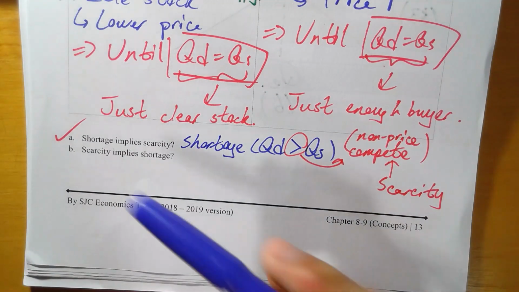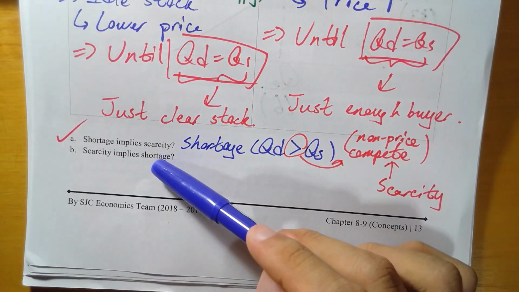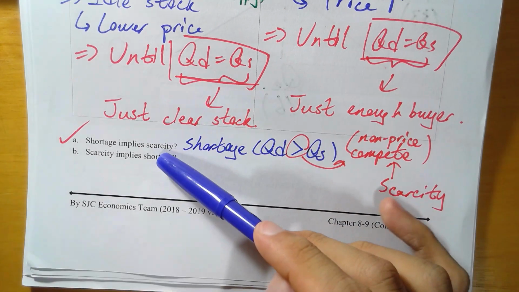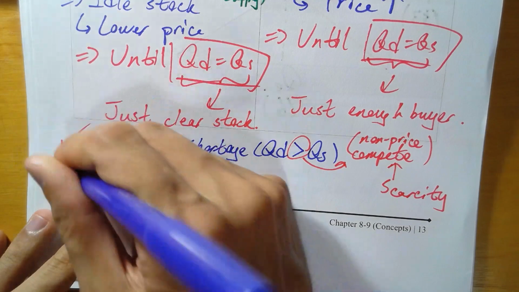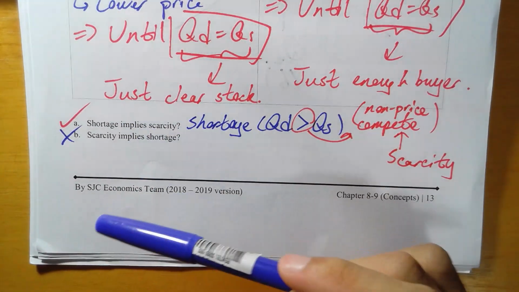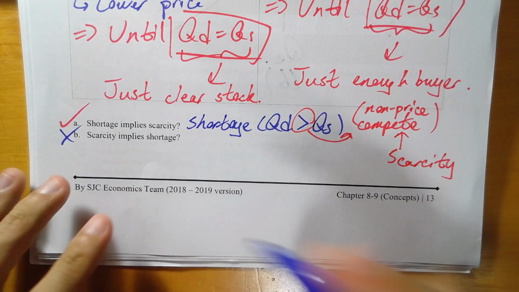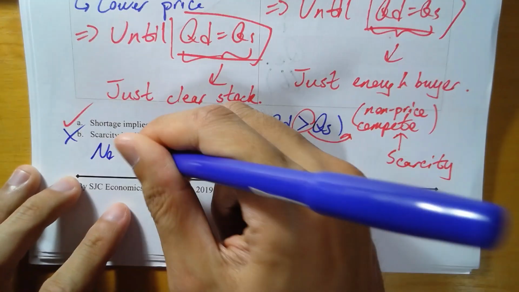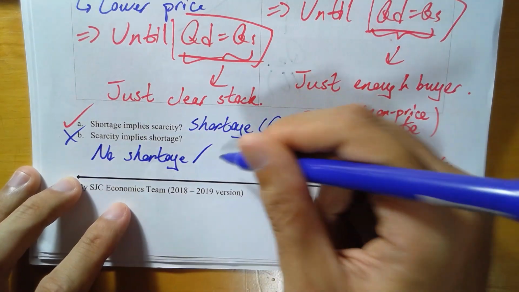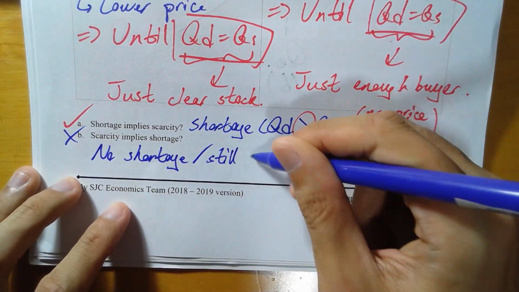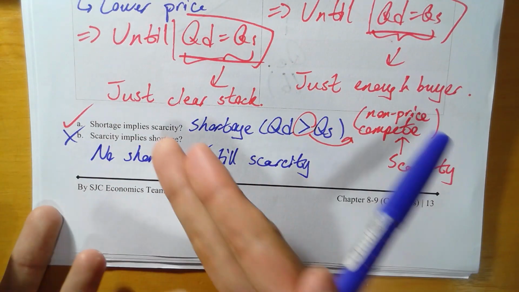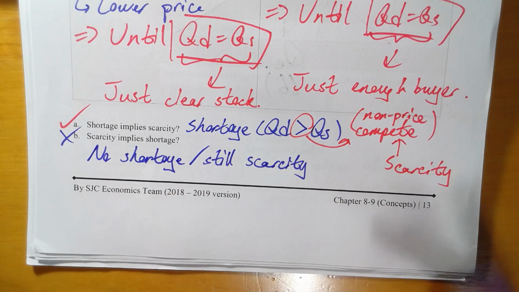Now, scarcity implies shortage. 佢話啦，有 scarcity 就肯定有 shortage. Is that correct? Actually, this one is no. Now, think about it. How do we counter-argue? If we can find a situation, no shortage, but still scarcity, then logically, we already counter this argument, right?